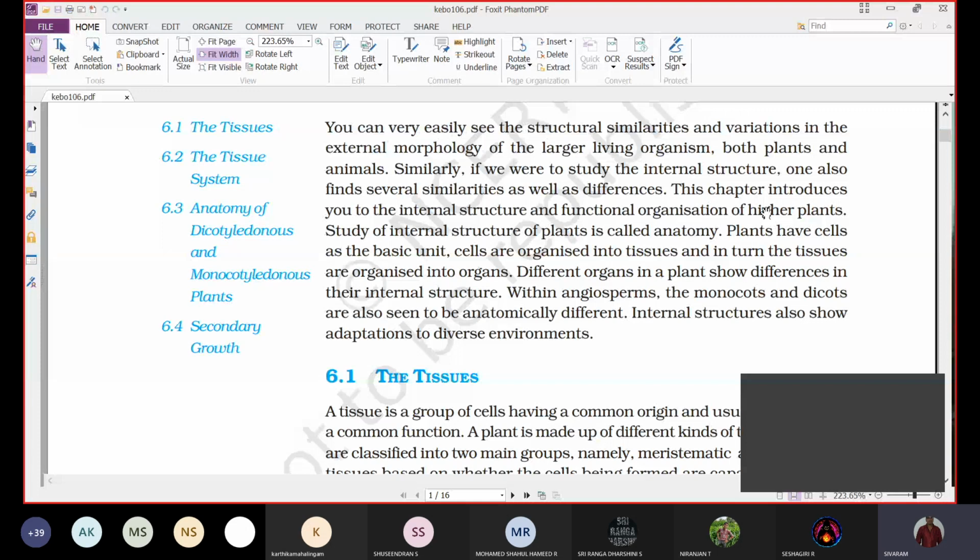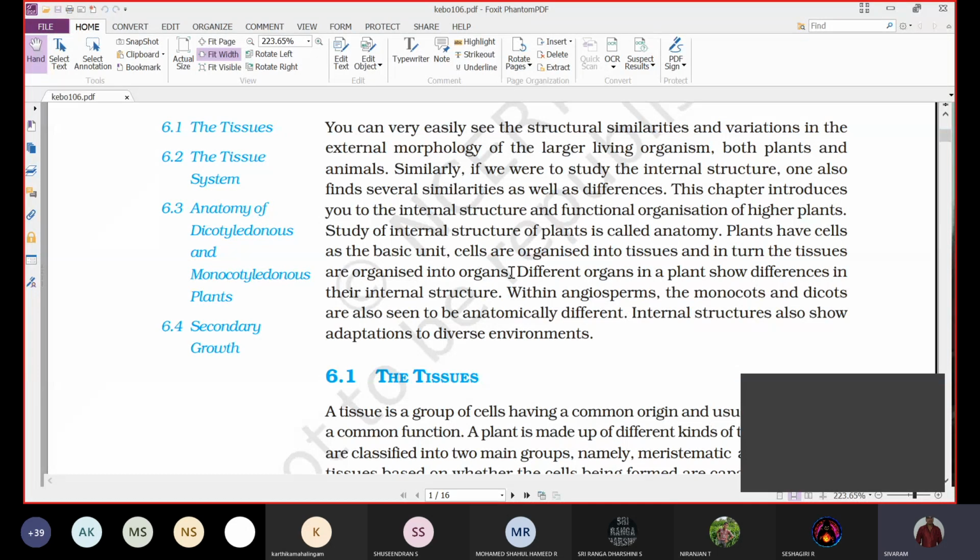So plants have cells as the unit. Like all other living organisms, plants are also made up of cells. That's why for plants also, the cell is the basic structural and functional unit. Cells are organized into tissues, and in turn the tissues are organized into organs. In plants we observe the organization only up to the organ level.